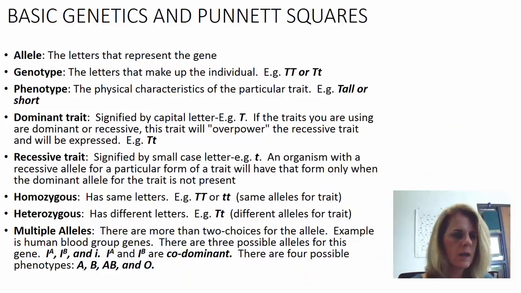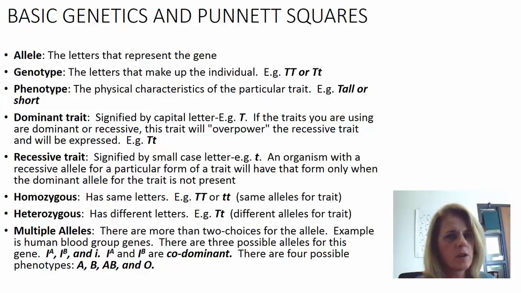There's a lot of terminology that goes with genetics, so I'm going to go over these terms, because for some of you it's brand new, and for some of you it's totally review. An allele is just a letter that represents a gene. When we're visually writing down genes and chromosomes, we give the gene a letter as a shorthand, and that's called the allele.